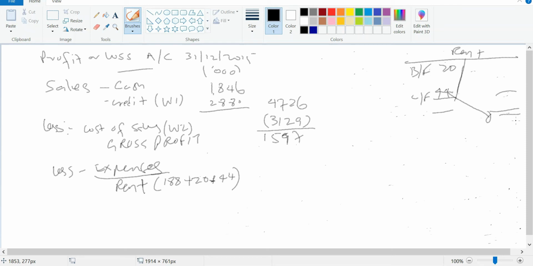And you paid 188, so bank credit, rent account debit. So this 20,000, 188, and 44 should be added. Once you add, how much will be the amount? That will be 252. So 252 you have to deduct.